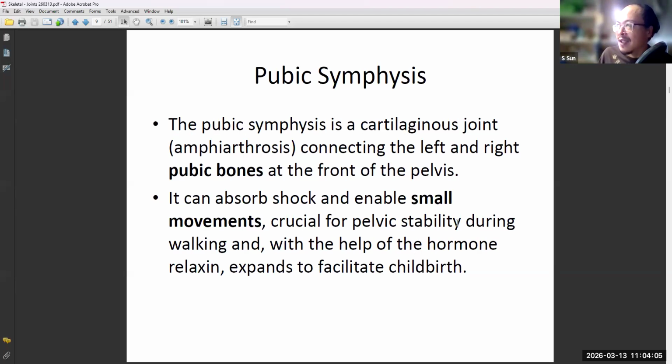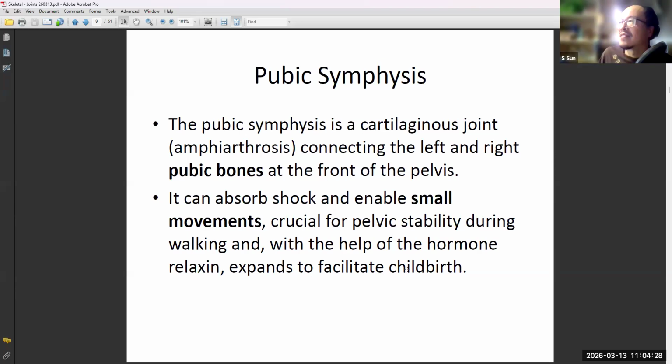So it helps to stabilize during walking. It also helps, with hormones relaxing it, to expand to facilitate childbirth.